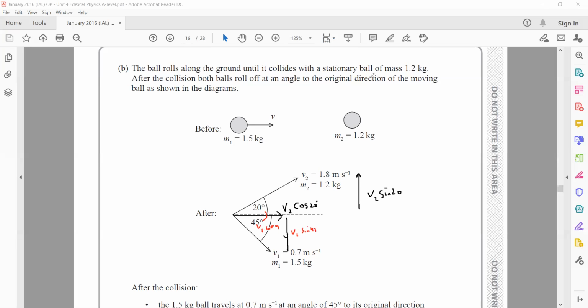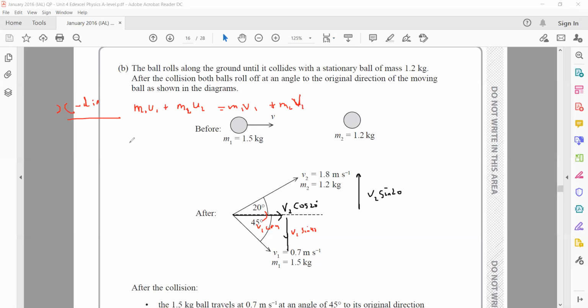To solve this, I can use the conservation of momentum in the x direction. We have the formula m1 u1 plus m2 u2 is equal to m1 v1 plus m2 v2.